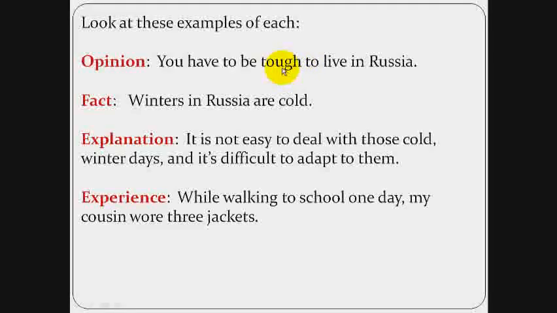Now me personally, I agree that you have to be tough to live in Russia, because in winters life is hard because of what? The temperature is very cold. And also in this statement we have what? Details about why you need to be tough to live in Russia, especially in winters. And this is an experience.